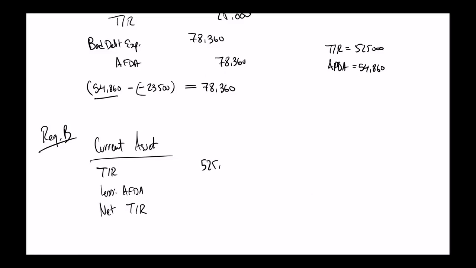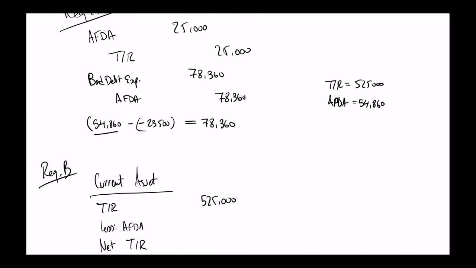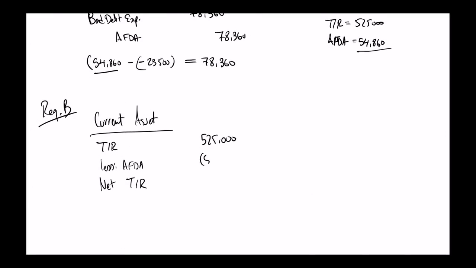So we had 525,000 less 54,860, and that'll give us net trade receivables of 470,140.